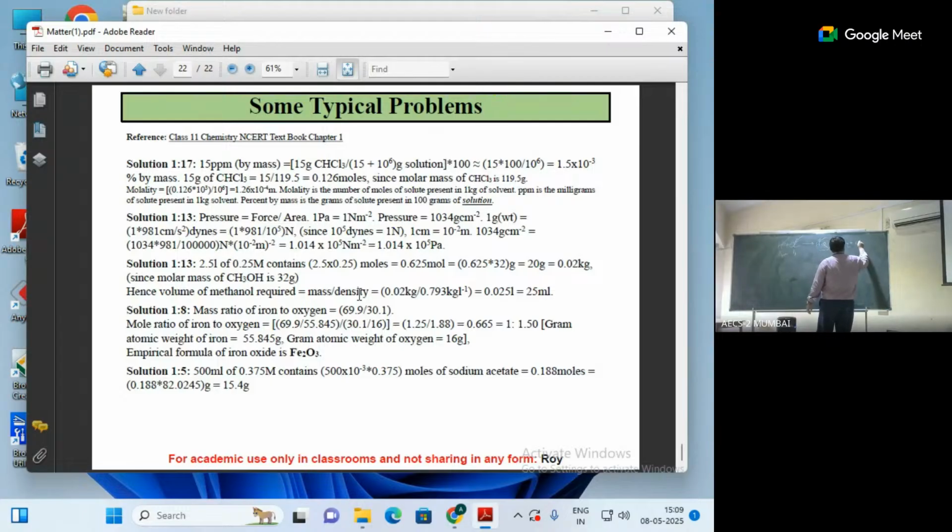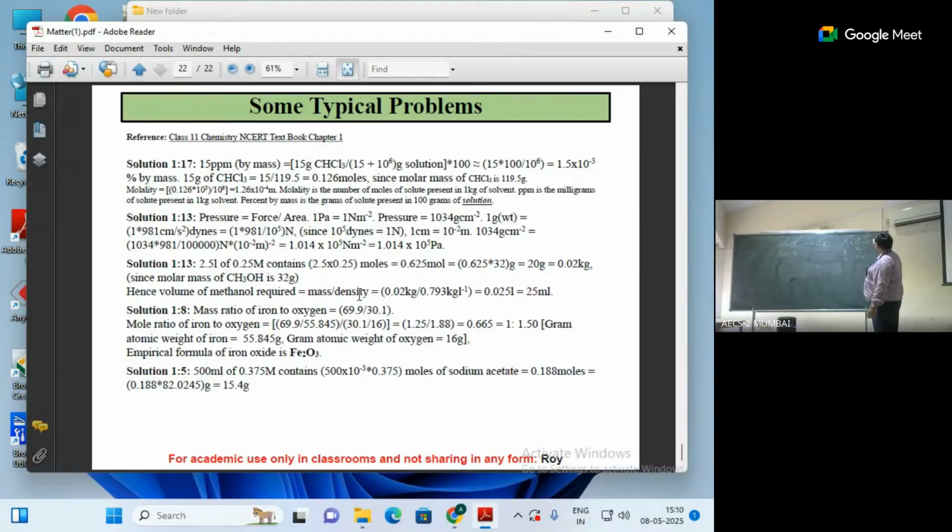H2 plus O giving H2O. Two gram of hydrogen reacts with 16 gram of oxygen, so 1 gram of hydrogen goes with 8 gram of oxygen. So this is one equivalent, and this is 2 equivalent, and this is also 2 equivalent.